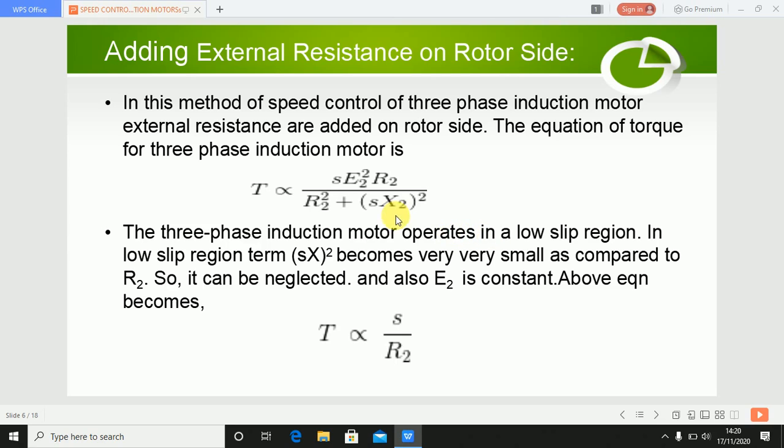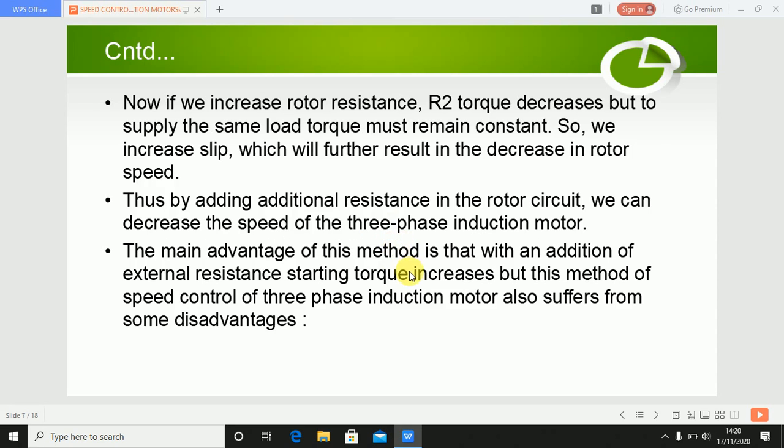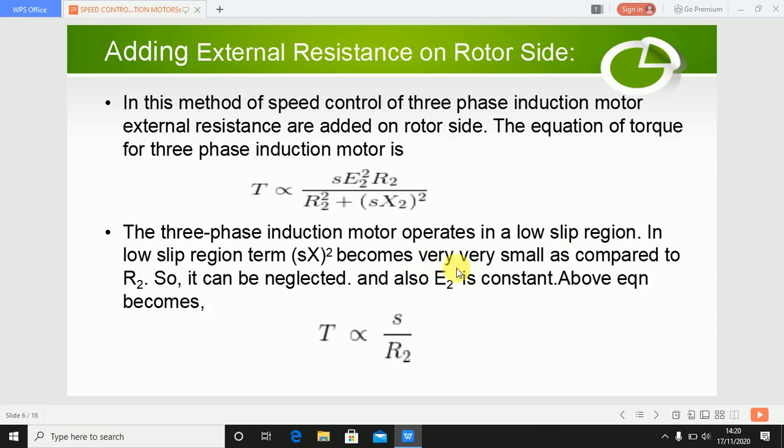Because of this, (S X2) square becomes very small when compared to resistance R2. So we can neglect (S X2) square. And also E2 is constant. So we can neglect it. As a result, the equation becomes T is directly proportional to S divided by R2.